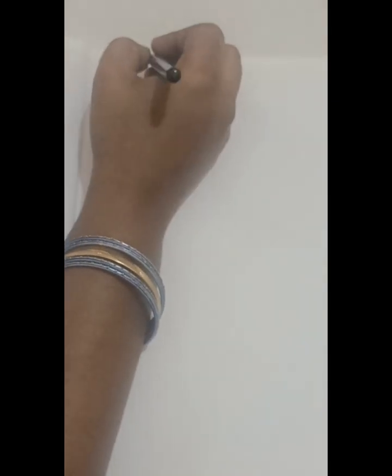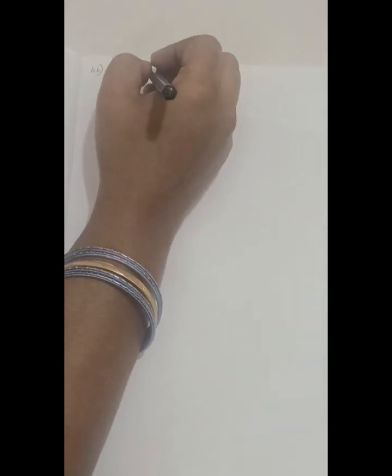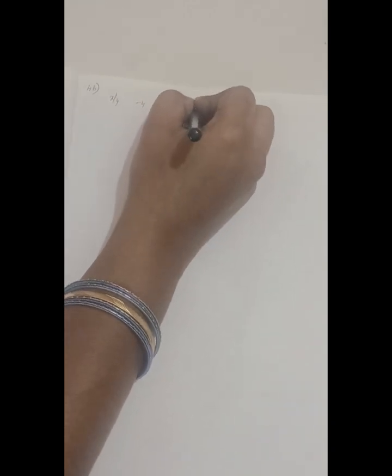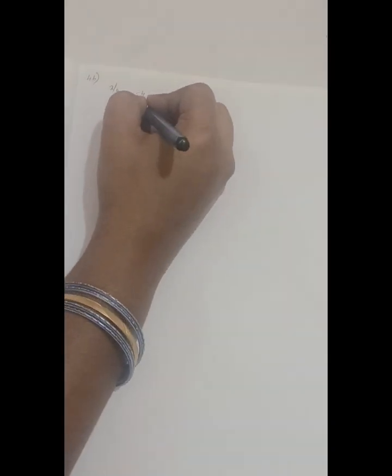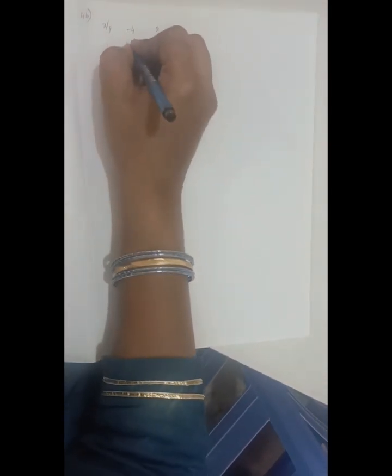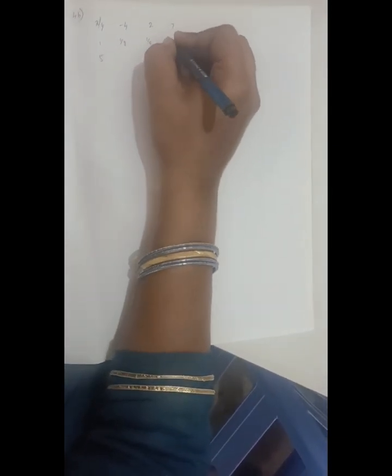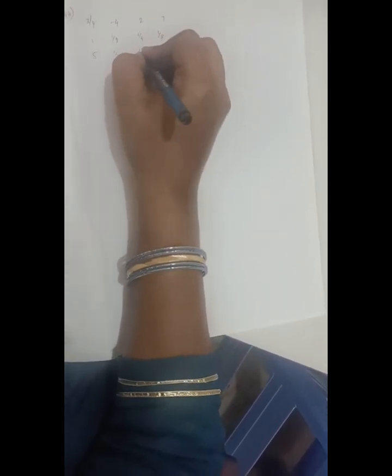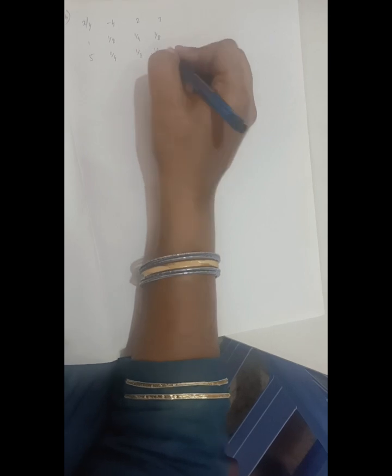Next problem, the table: x comma y, minus 4, 2, 7 for y and 1, 5 for x, with probabilities 1 by 8, 1 by 4, 1 by 8, 1 by 4, 1 by 8, 1 by 8.